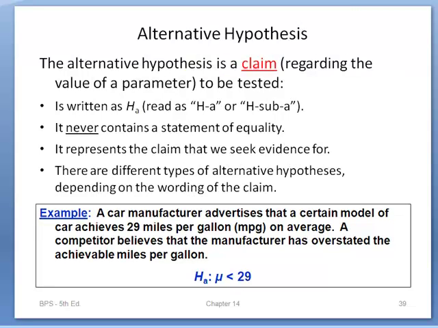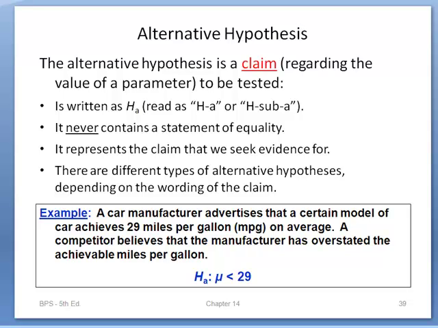So now let's look at the alternative hypothesis. That's the claim that we have to test. We have to have proof for this and test this particular claim. It's written as H sub a for the alternative hypothesis, and it's read H A or H sub a. It never contains a statement of equality.